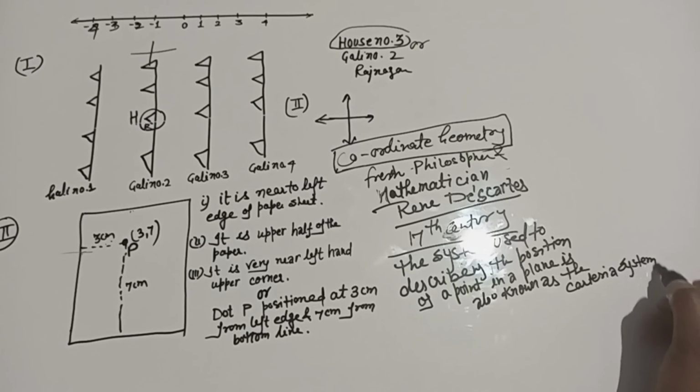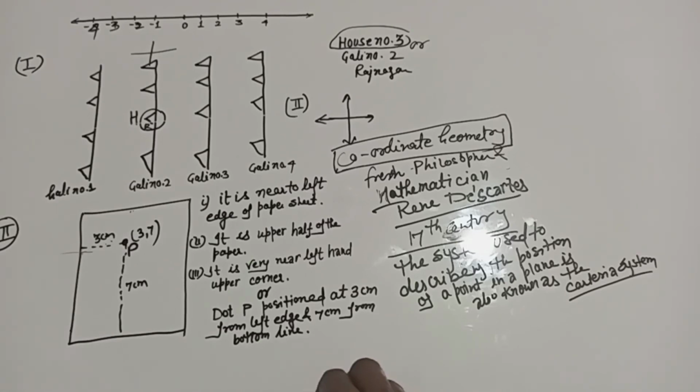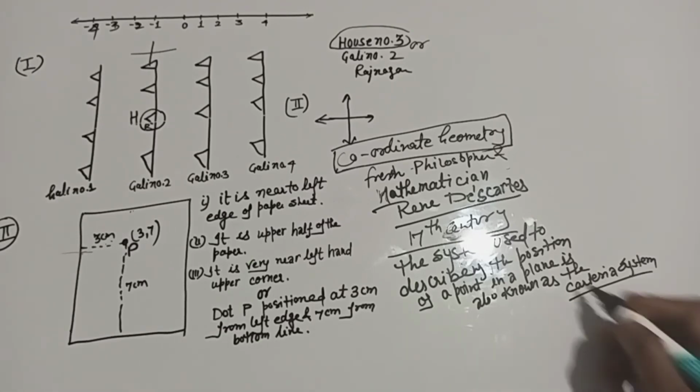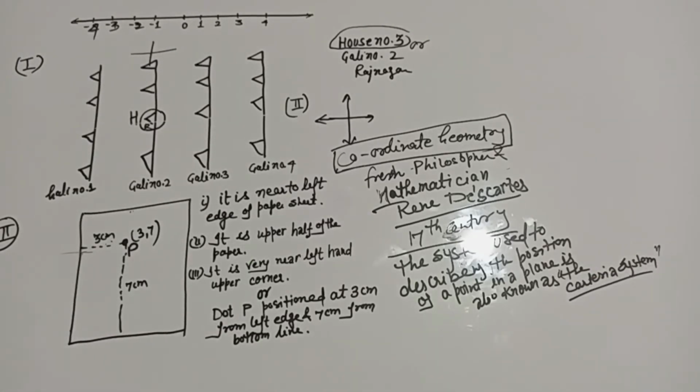It is also called the Cartesian system, where we study a plane and know the position of a number or an object. This system is called the Cartesian system to give honor to Rene Descartes.